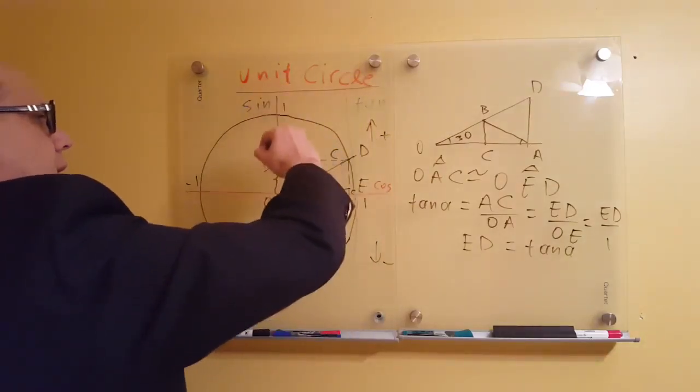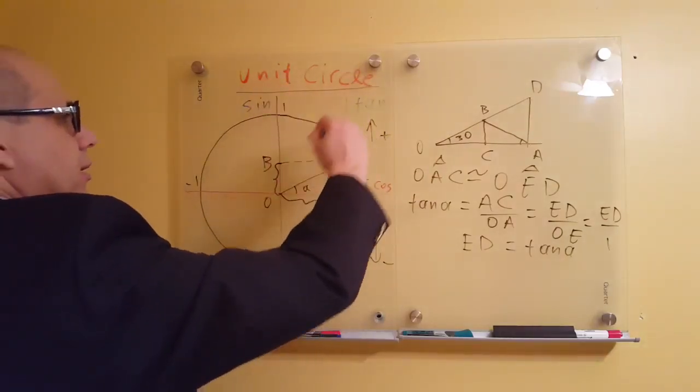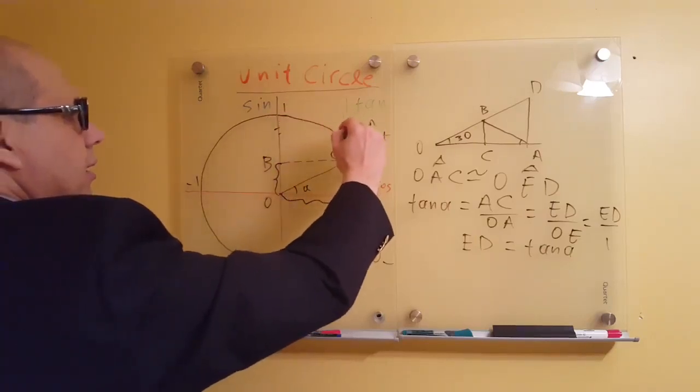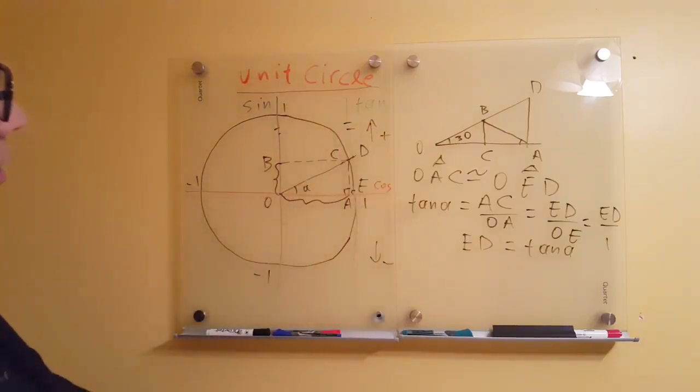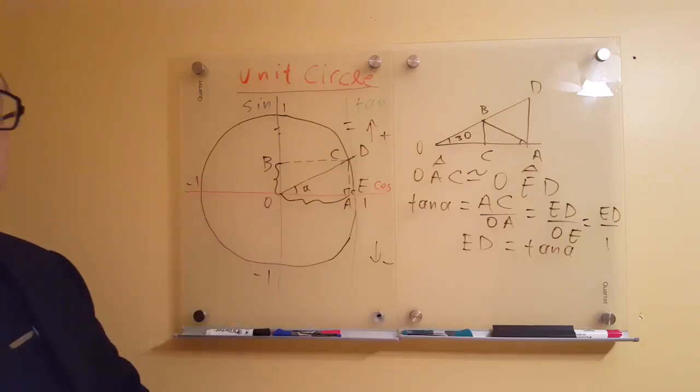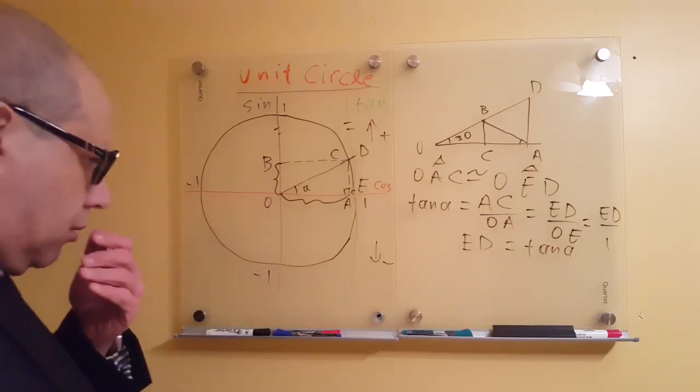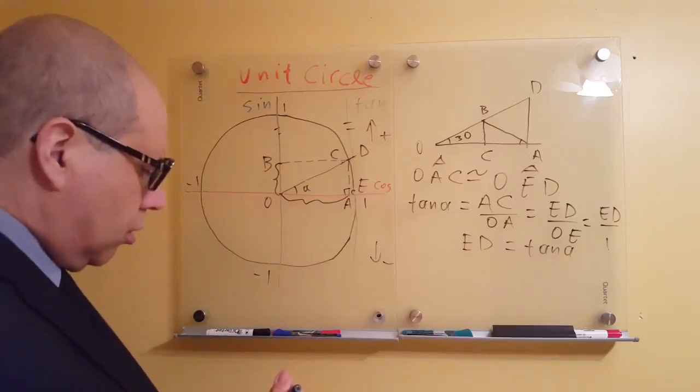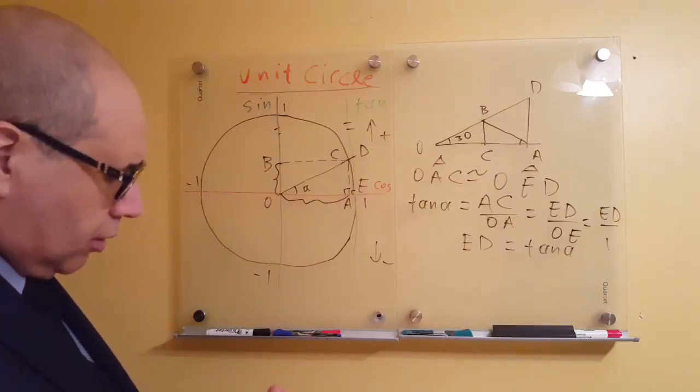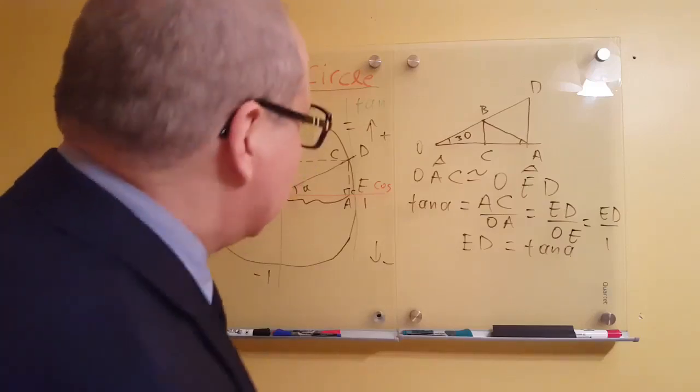When you reach 90 degrees, because this line and this line are parallel, the tangent of 90 degrees is infinity. Okay, so now let's do something else.